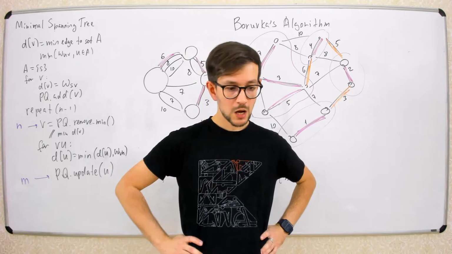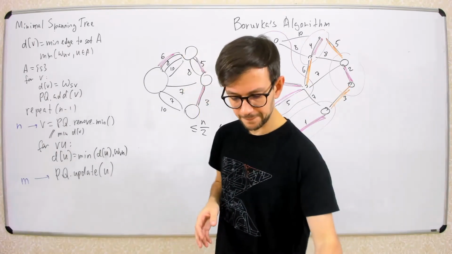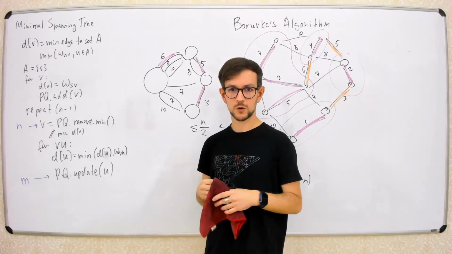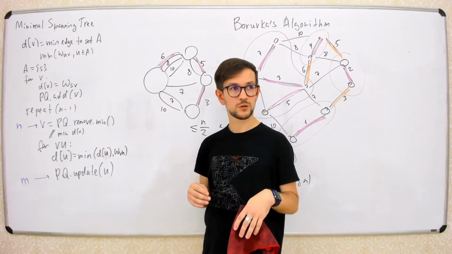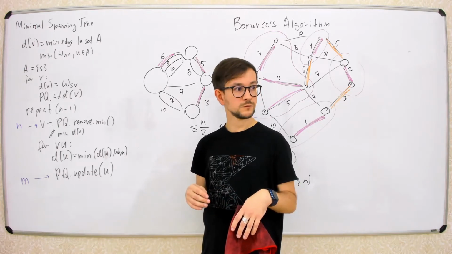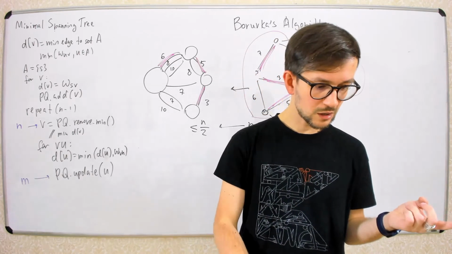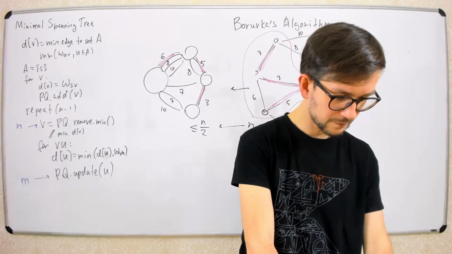We'll try. So I want to discuss one more problem. It's a little bit more complicated. It looks kind of the same, but it's a little bit more complicated. It's the minimal, how is it called? Arborescence? I forgot the word again.